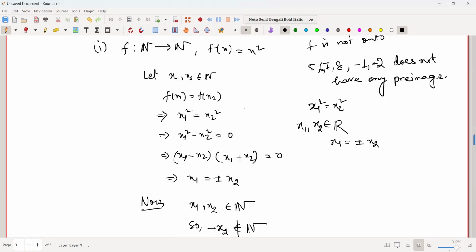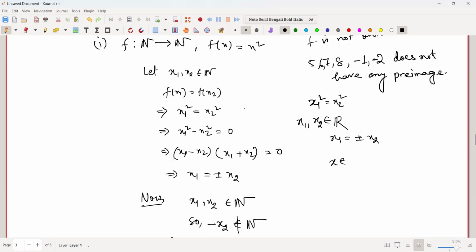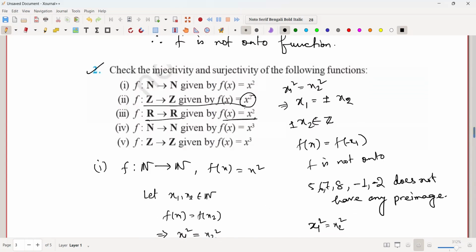And for any x belonging to R, x square is greater than or equal to 0. So the negative numbers, that means we can write R minus, these elements have no preimage. So this is again not onto. So write it mathematically and send it to me.